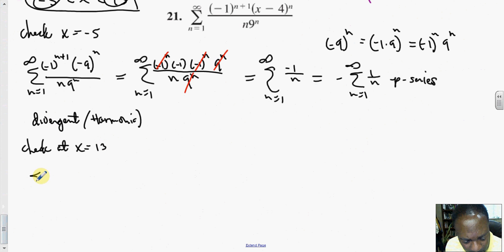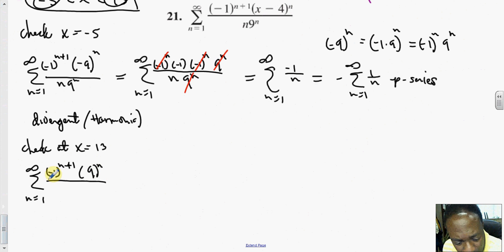So plug that into the original summation. Doesn't look good. It's negative 1 to the n plus 1 times x is 13. 13 minus 4 is 9 to the nth all over n times 9 to the nth.